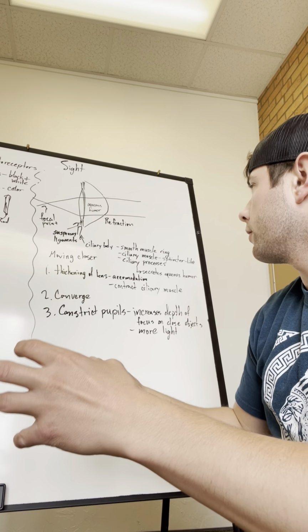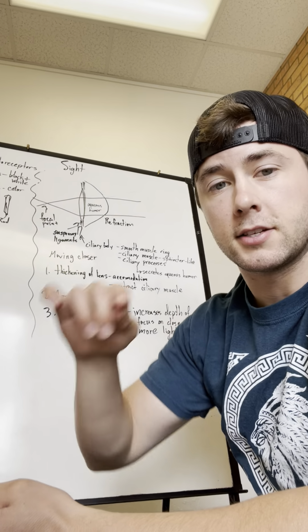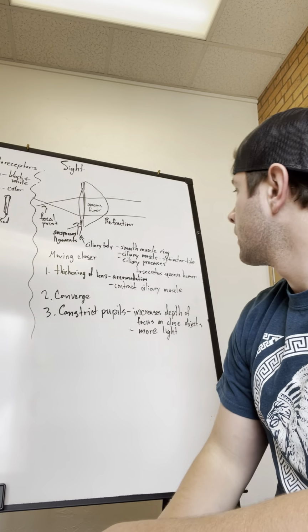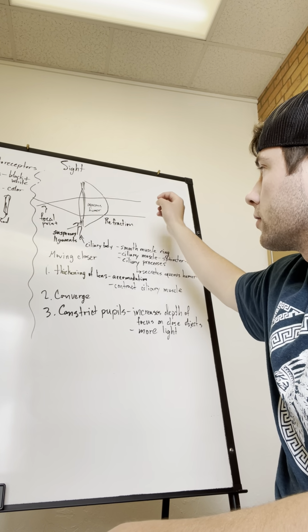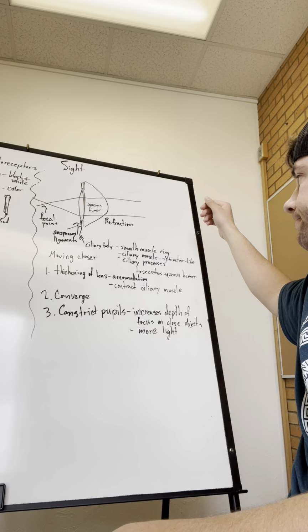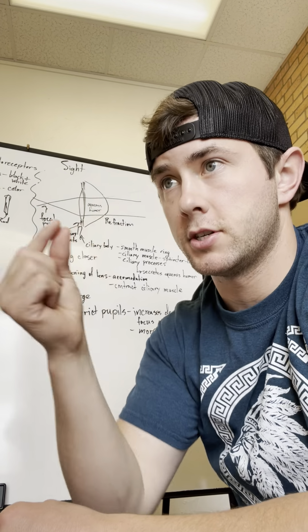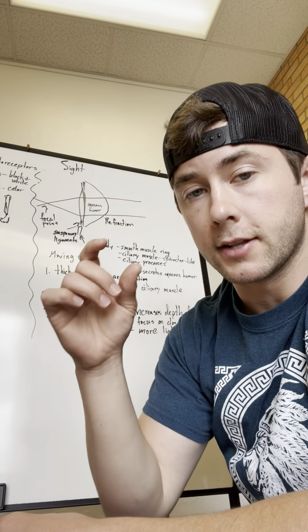The ciliary body is composed of a ciliary muscle, and that's sphincter-like. It goes around the whole lens. And then you have ciliary processes, and you have suspensory ligaments which attach the ciliary muscle to the lens.